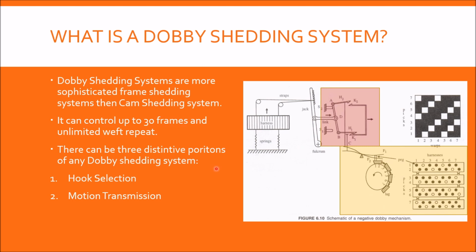Then the third system is the one that translates the hooks' push or pull into the frames lifting or lowering. So we have a jack over here and the cords that attach to the frame, and then we have the spring at the bottom.